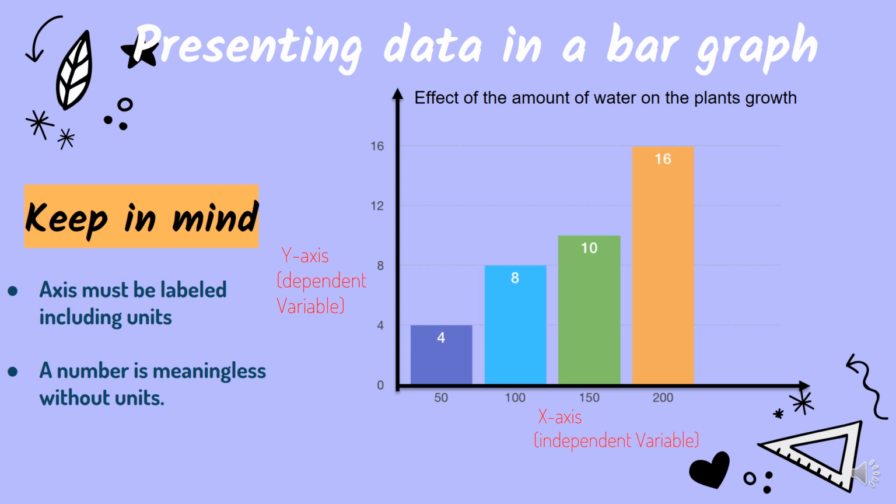As you see here, the y-axis, the dependent variable, goes from 0, 4, 8, 12, 16, and we can use any other values or numbers, but they should be in order, like multiples of 2, 3, 4 or 5, according to the numbers that you have.